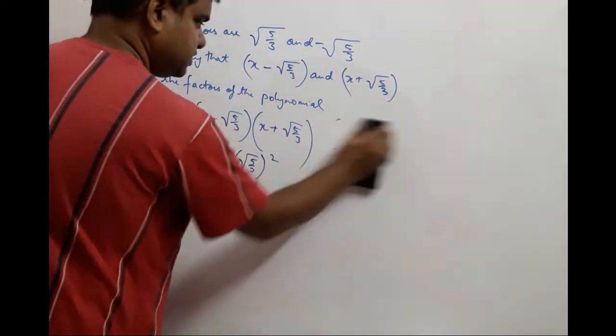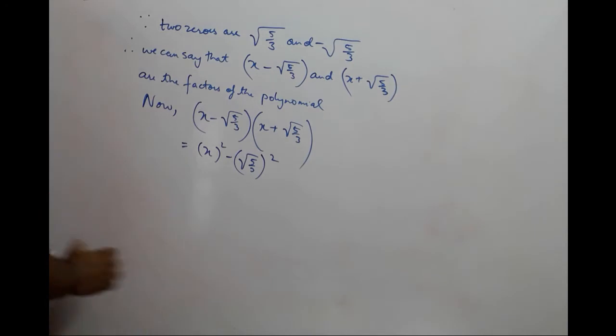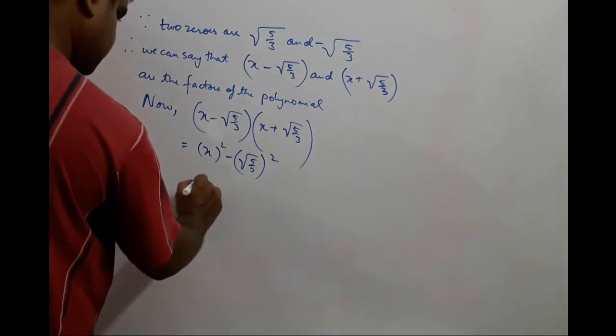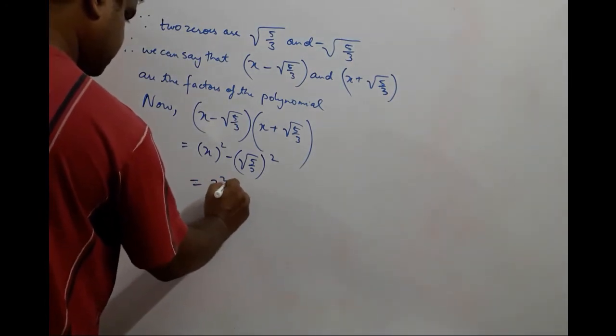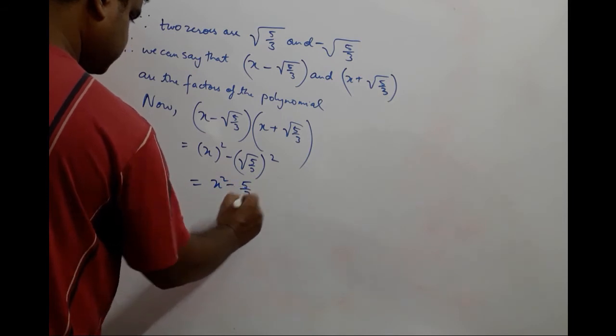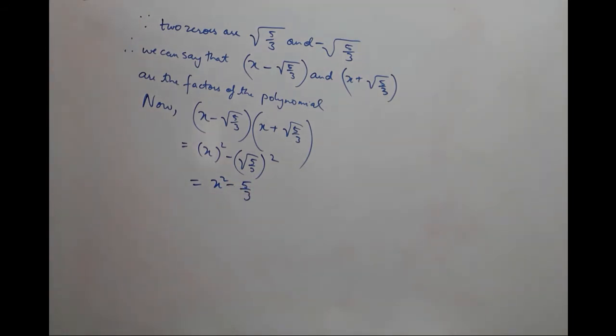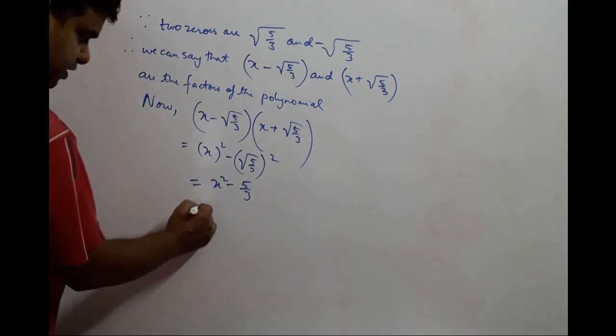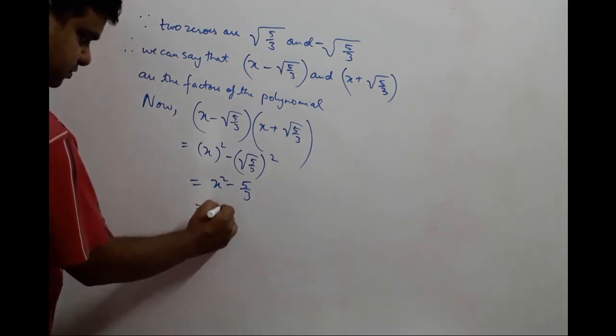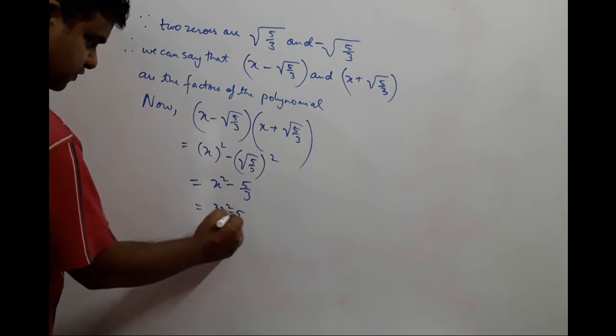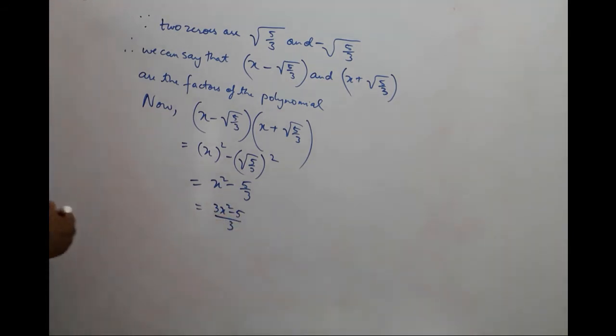So what do we get here then? We will get x square minus 5 upon 3, which we can write as 3x square minus 5 upon 3.